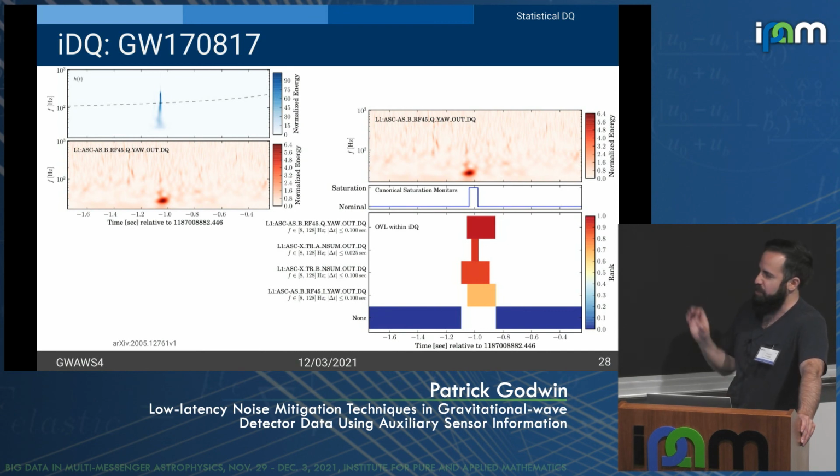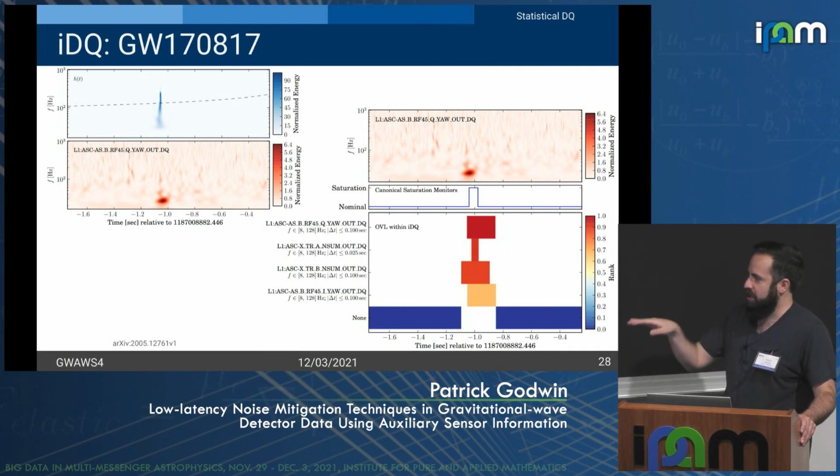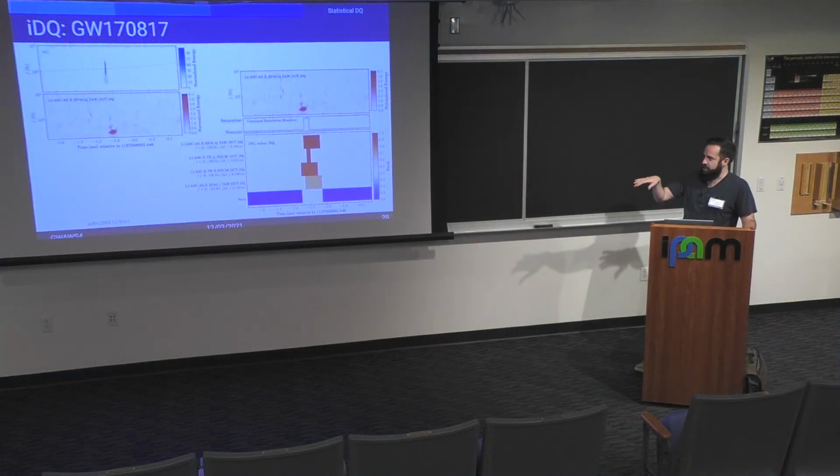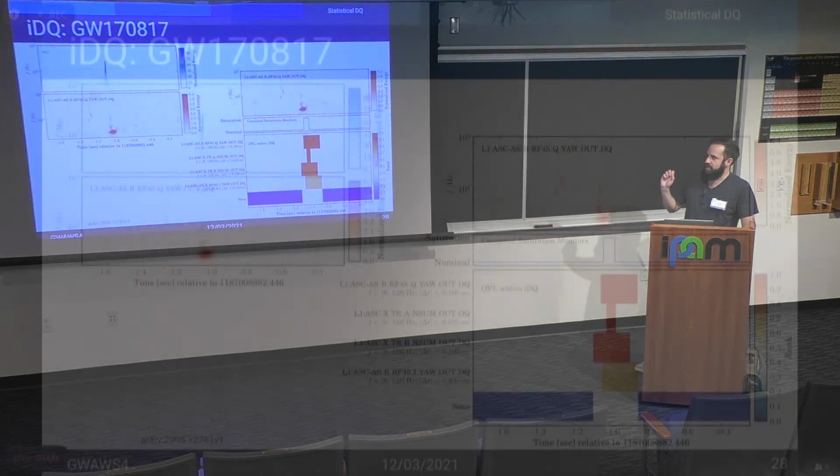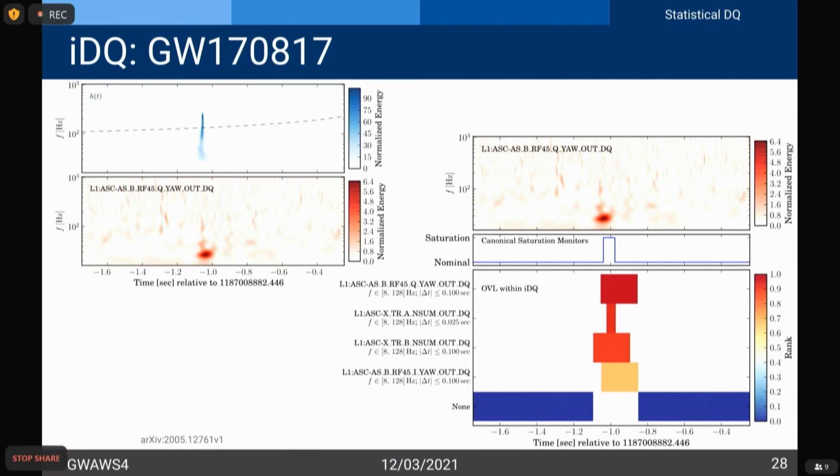And then on the bottom here is effectively what I like to call these feature importance plots that come from OVL. So for example, you have time on the x-axis, you have these veto configurations on the y-axis, and then it's color-coded by rank, which is basically the classifier's output.